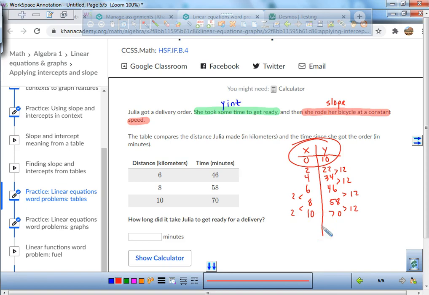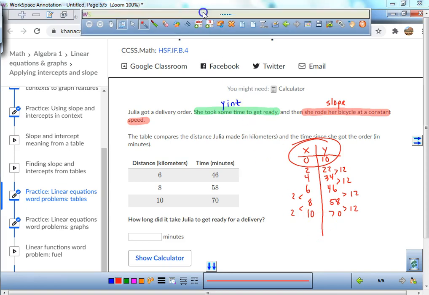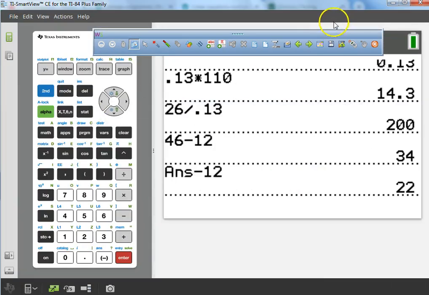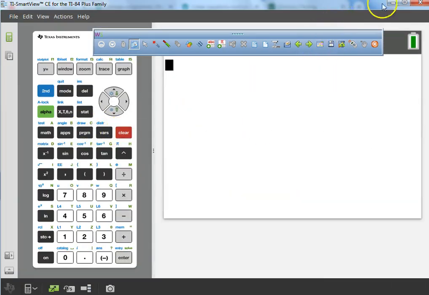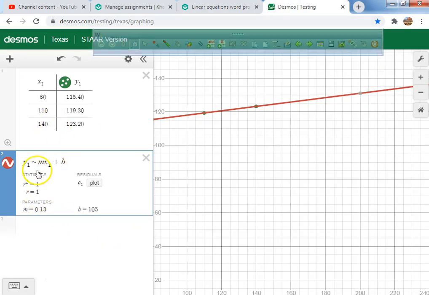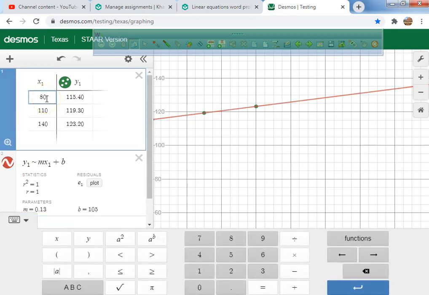But if you like Desmos, which you're allowed to use, let's just change things up. So right now, I'm going to clear this out. There's your graphing calculator. Let's go to Desmos. We already have y1 tilde mx1 plus b. Let's just change our numbers.